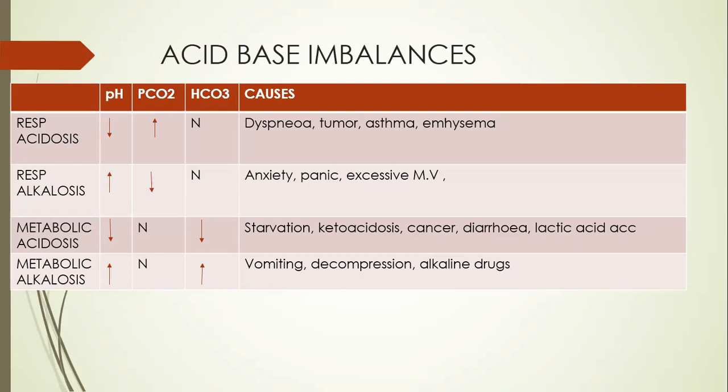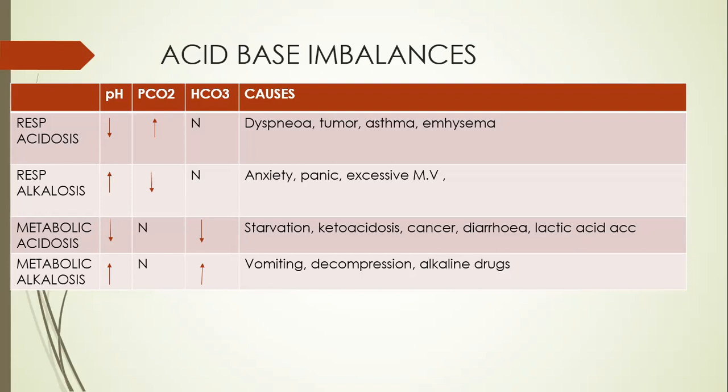So you know that in case of asthma, in case of tumors, there are some metabolic problems which disturb the bicarbonate level, which leads to disturbance in the pH level and a fall of pH. That is, excessive hydrogen ions are released in these conditions. So dyspnea, tumors, as well as asthma and emphysema are predominant causes of respiratory acidosis.